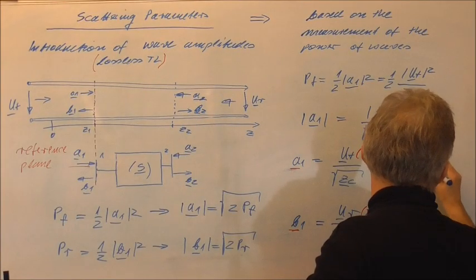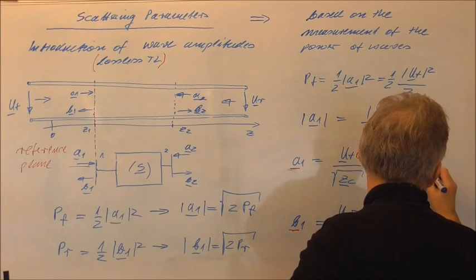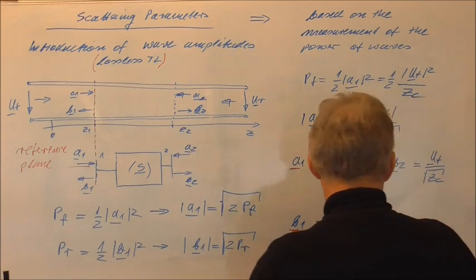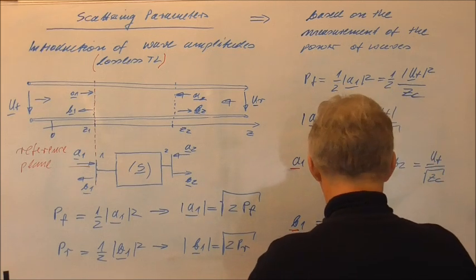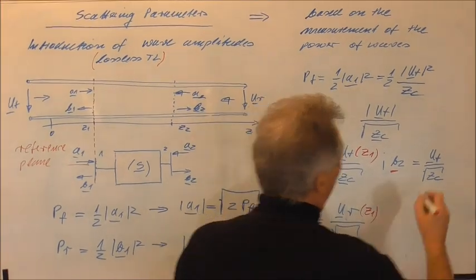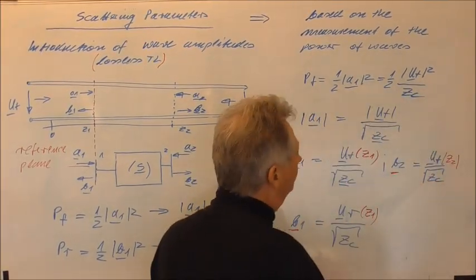And again, you see here it's the forward traveling voltage wave divided by Zc. And again, we must say that the phase of B2 is equal to the phase of the forward traveling wave at Z2.